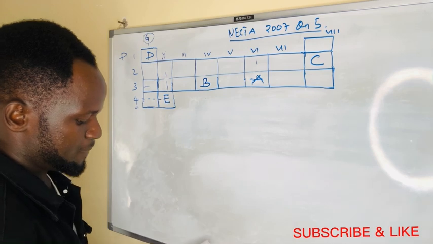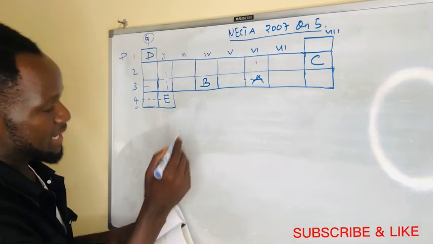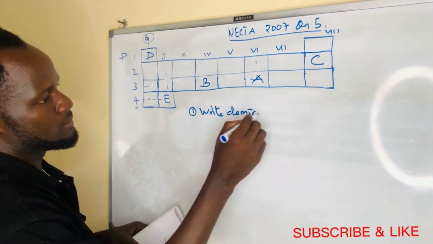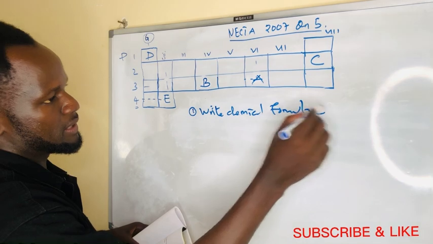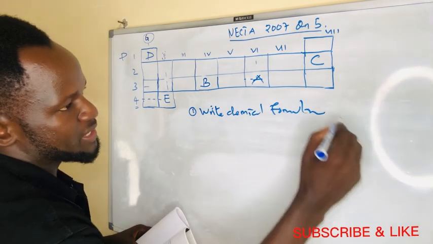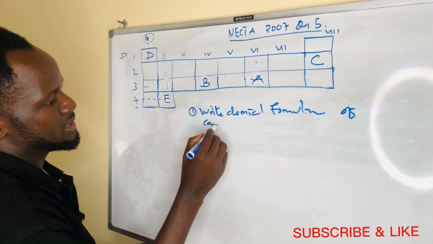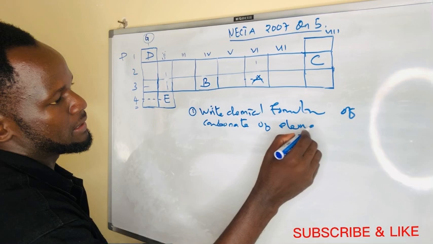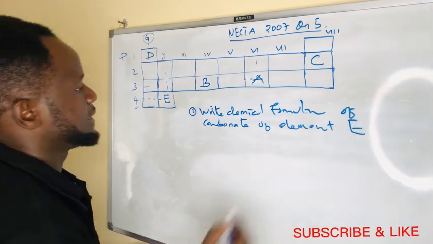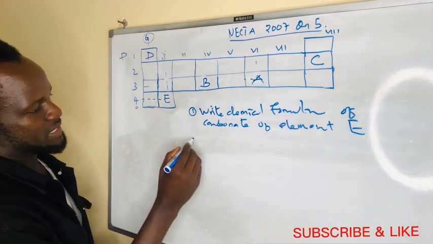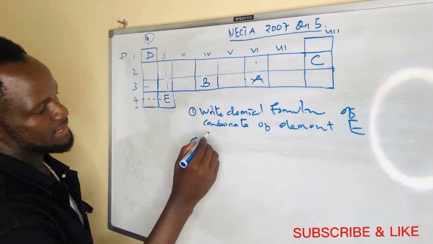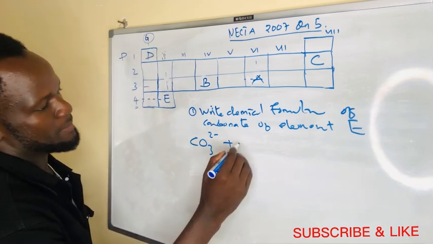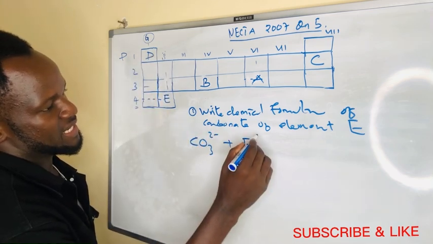Question B requires us to write the chemical formula of the carbonate of element E. For carbonate, we have to take the reaction between the carbonate ion and E. Because E belongs to group number 2, it has a charge of positive 2.